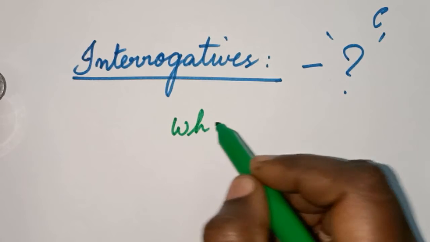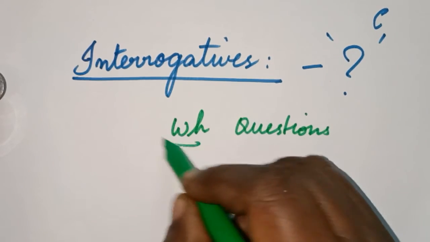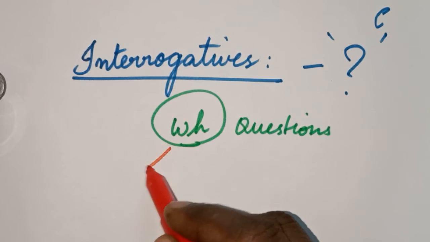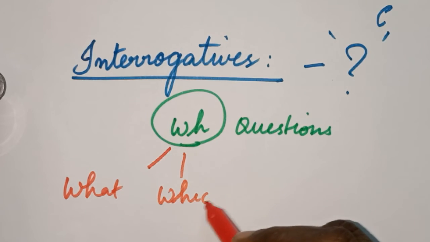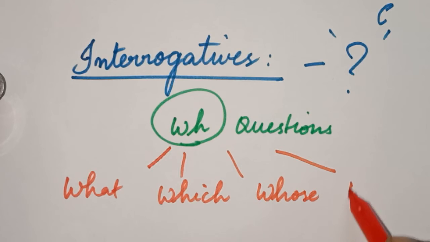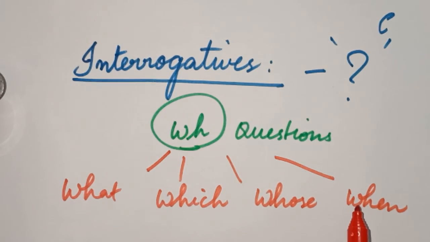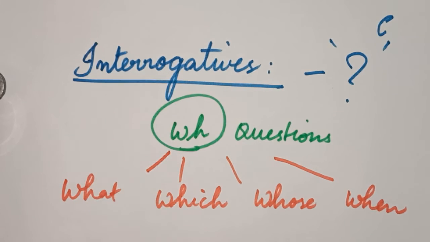We have learnt about WH questions. What are these WH questions? The question words start with WH, for example, what, which, whose, when, etc. When something is determined using these question words, we call them interrogatives.